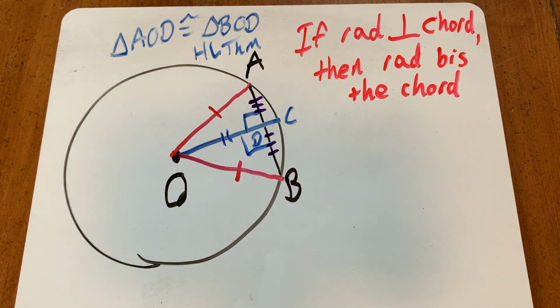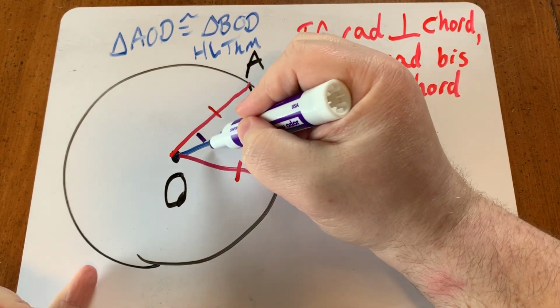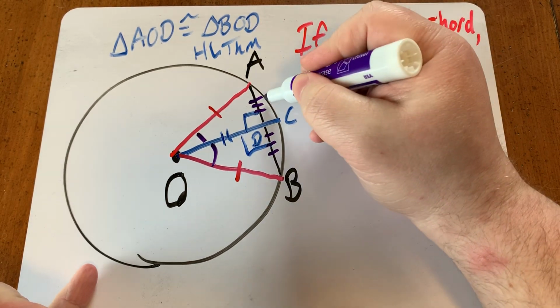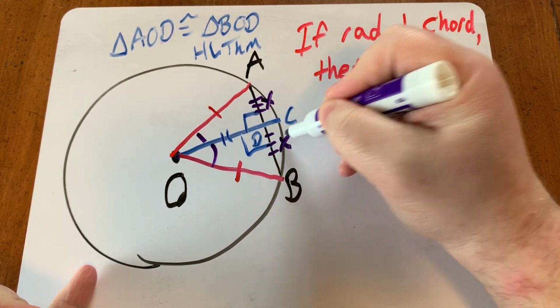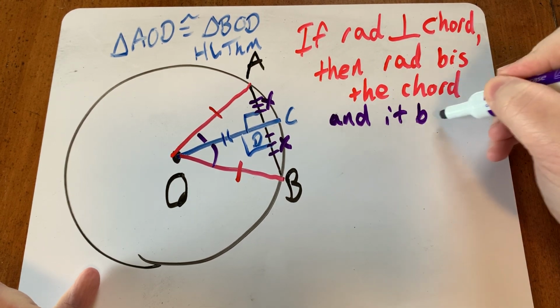So the radius that's perpendicular to the chord bisects the chord. And by that token, since these triangles are congruent, that angle and that angle are congruent, and it bisects the arc.